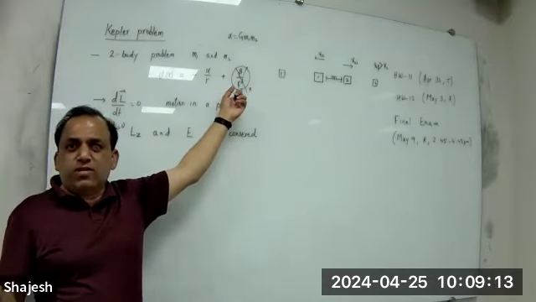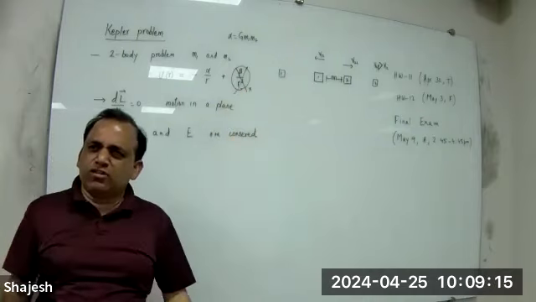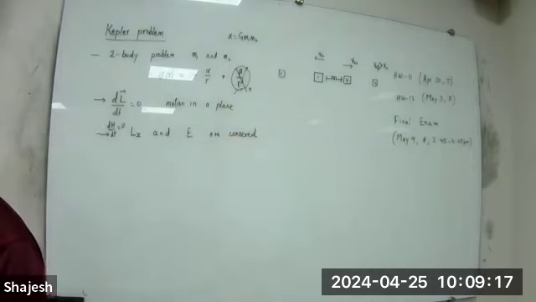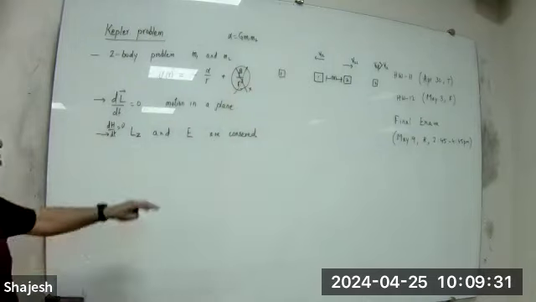What's going to be the correction? Historically, in the 1880s, this was done in the context of Mercury. Mercury goes around the sun, but it precesses, and that's what we will measure. So we're going to make a small correction.